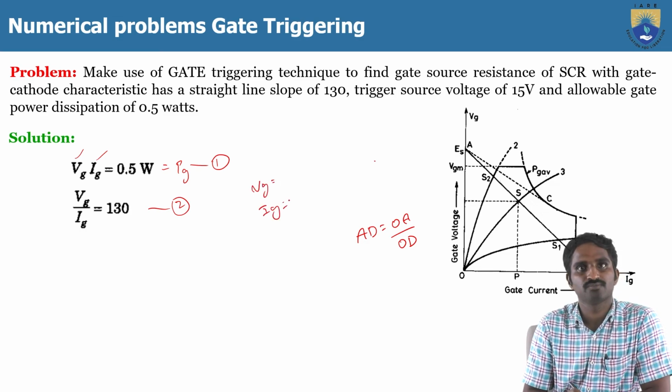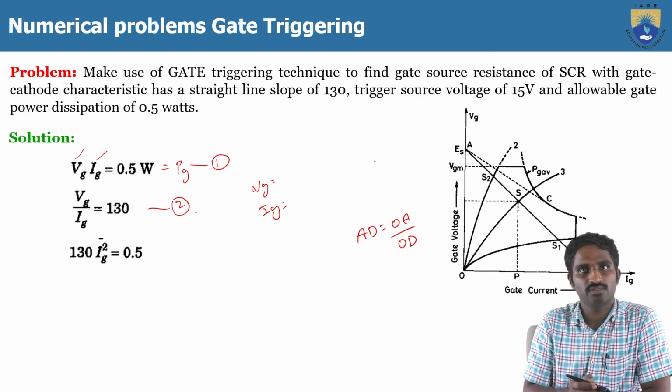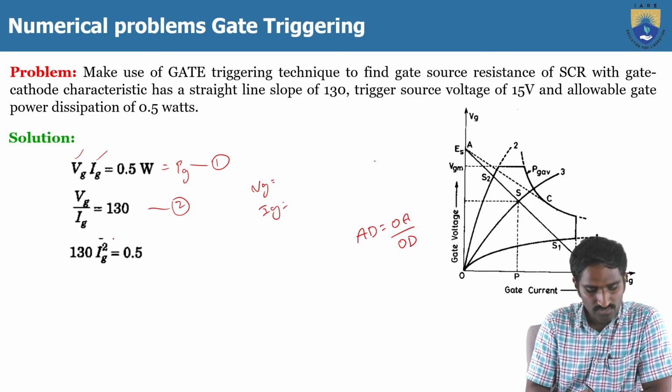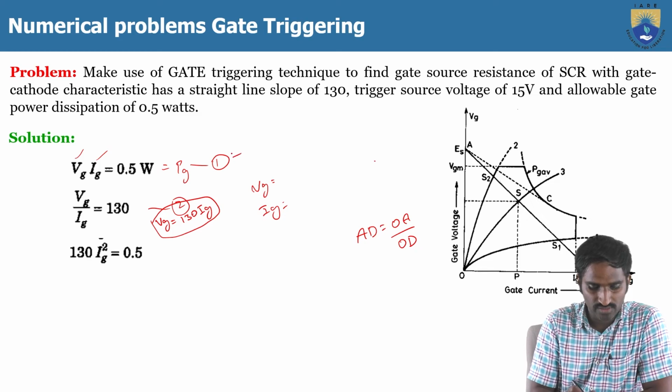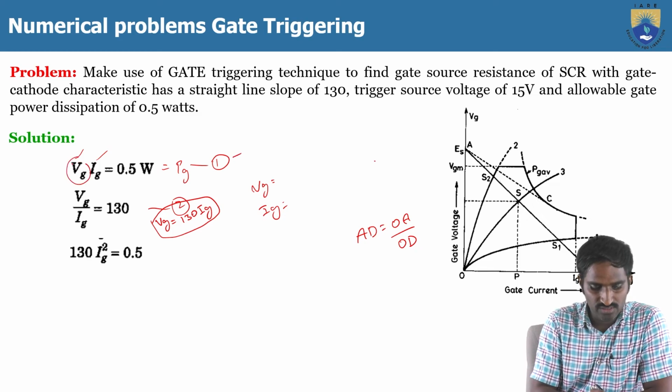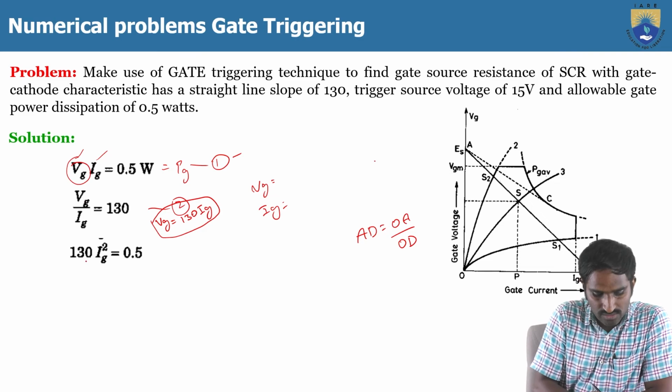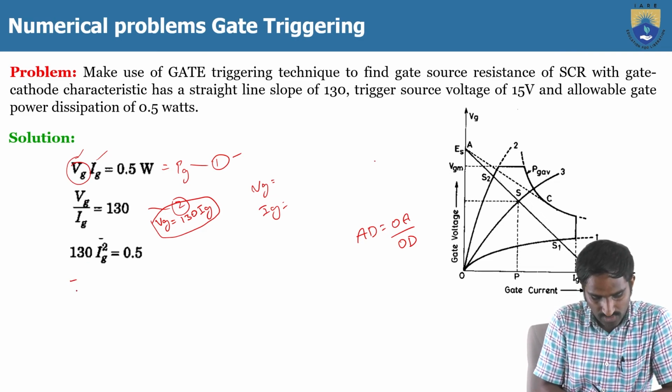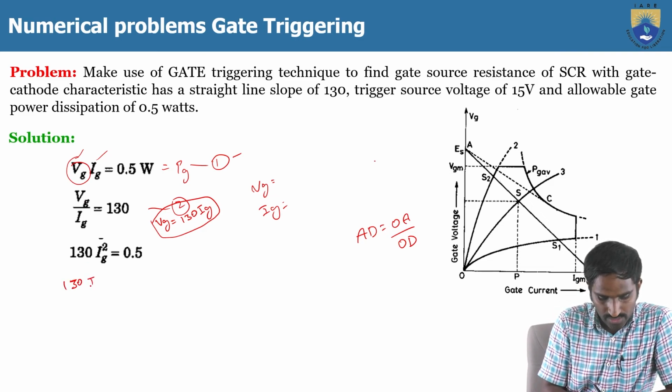From the second equation, Vg is equal to 130 into Ig. We substitute this Vg value into equation 1. In place of Vg, substituting 130 into Ig, with Ig already there, gives 130 into Ig into Ig equal to 0.5.